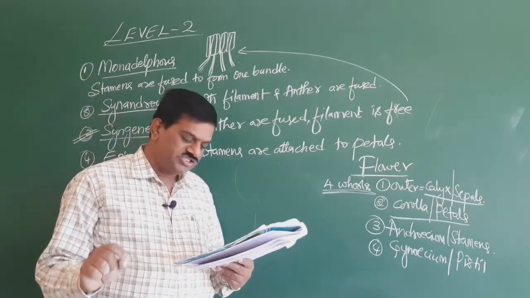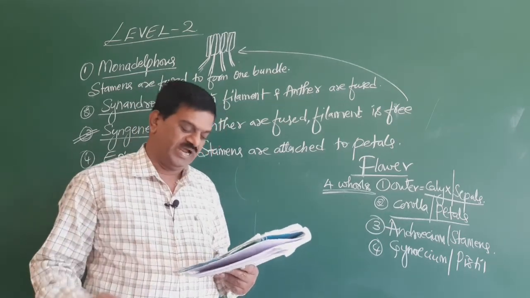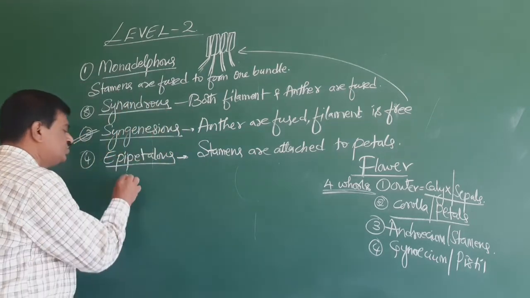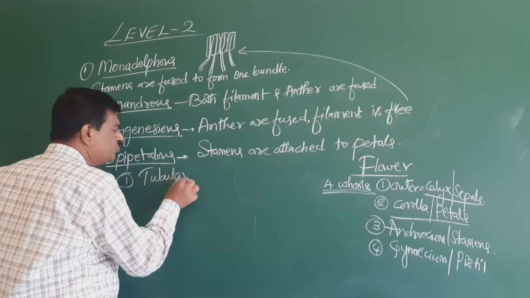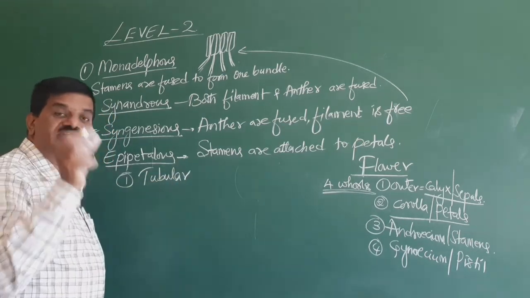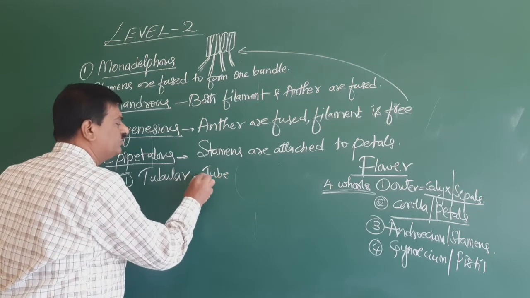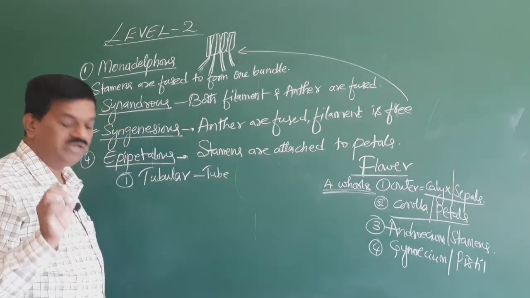The petal shape and color vary greatly in plants. The first one is tubular. The corolla is like a tube, hence it is called tubular corolla. The corolla is a tube and different colors are also present.